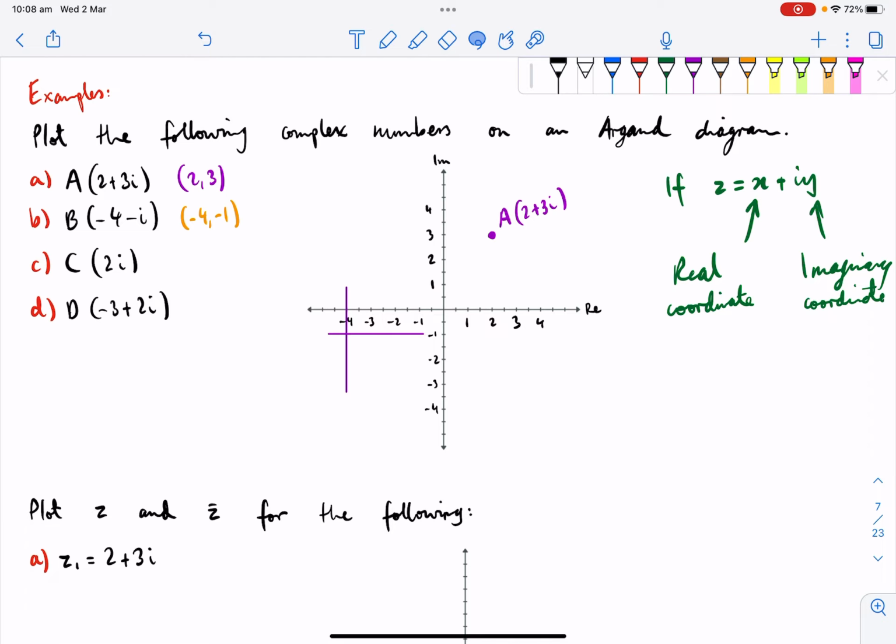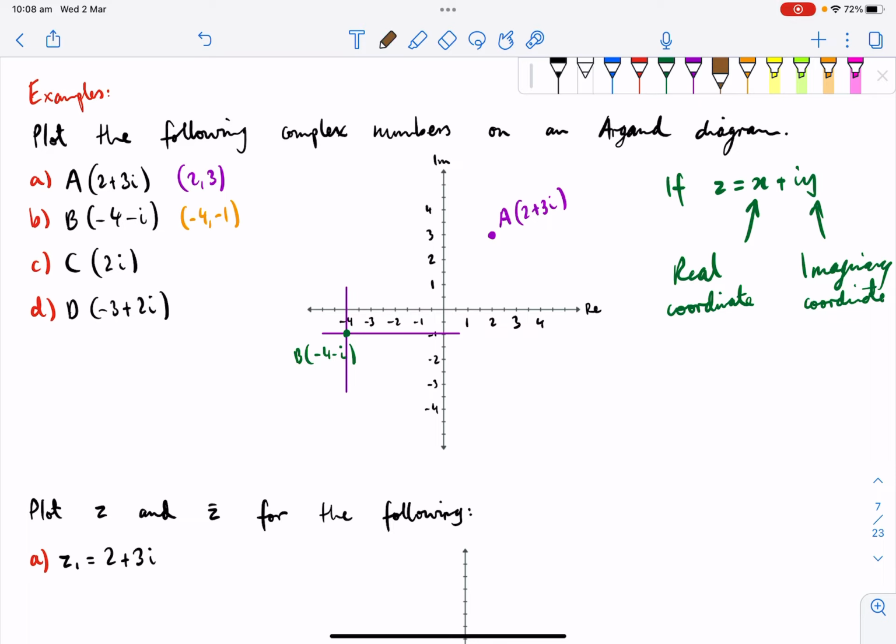I might need to stretch that just a tad. So -4, -1. We'll plot the point B right here. And we can express the complex number like so. All right, so far so good.